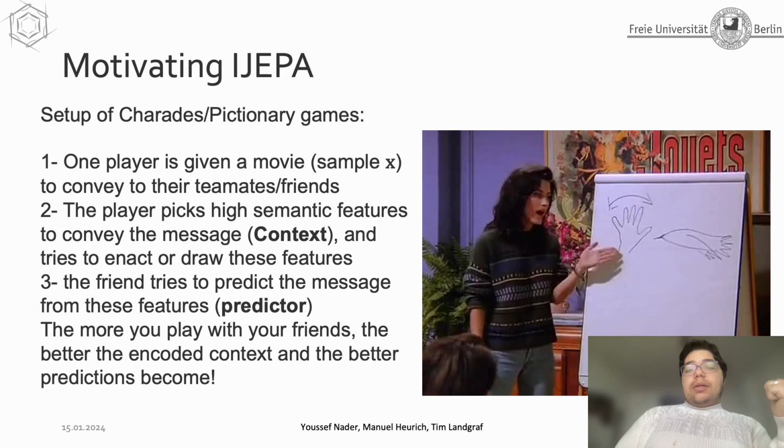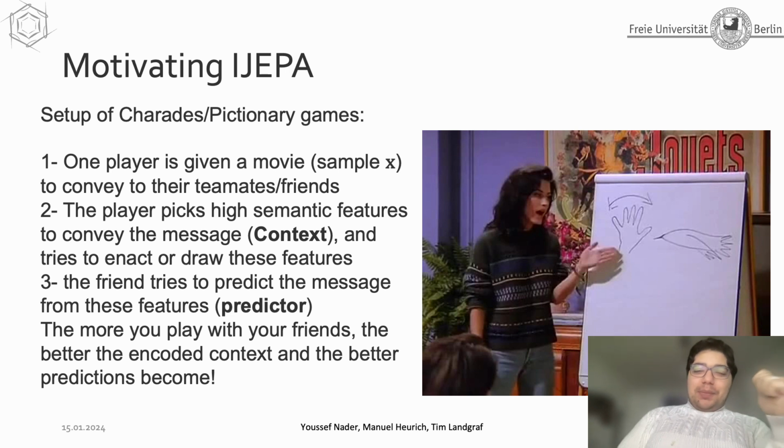And then your friend would take this context that you provide, and they would try to predict what exactly this message is, what movie you're talking about. If they've seen the movie, they'll say, yeah, this is the movie Oppenheimer, for example. Typically for these games, the more you play with your friends, the more you know what would really make them understand your message.